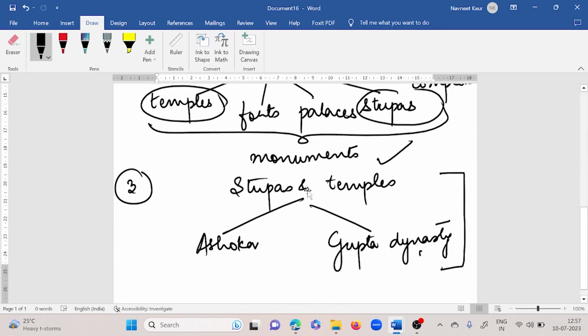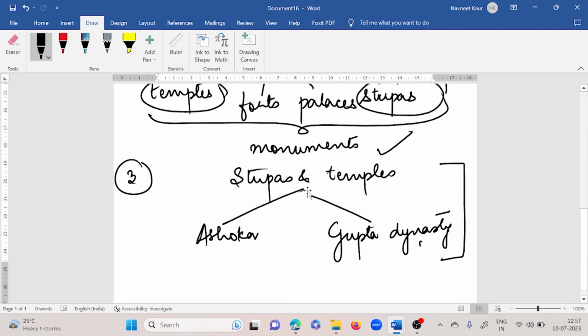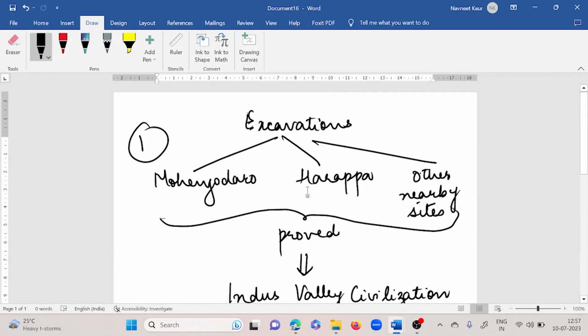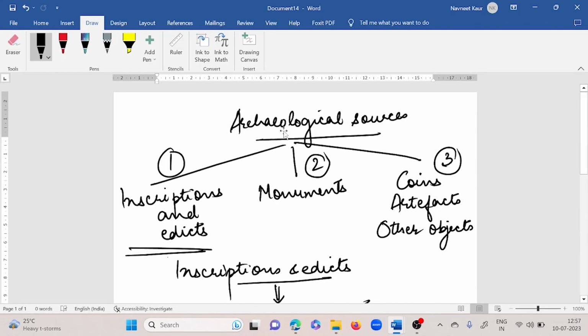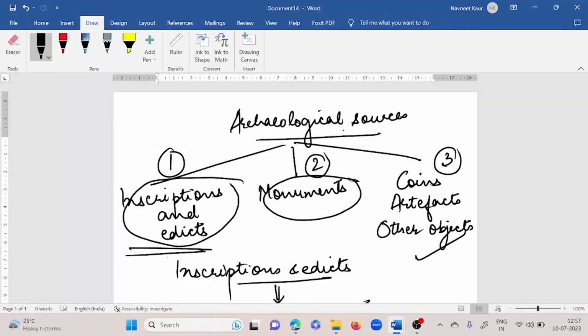And third, the stupas and temples built by Ashoka and the Gupta dynasty are important sources of history. Right? So this is about monuments. We have done inscriptions and edicts, and we have also done monuments. Now let's check coins, artifacts, and other objects.